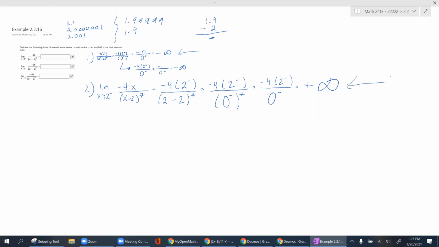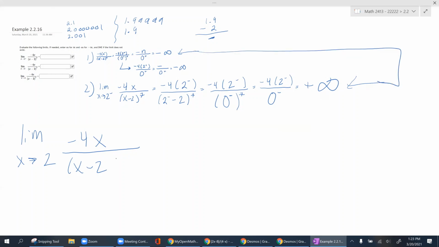So if you're approaching the limit from both sides, it should give me the same thing. If the left is equal to the right, it should be the same, but it doesn't, because do these two match? No, they don't, meaning that this limit does not exist.